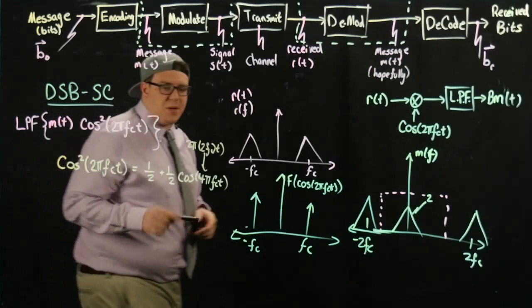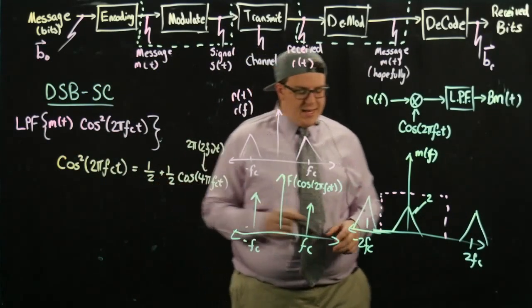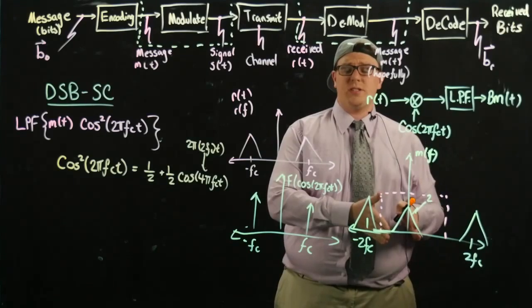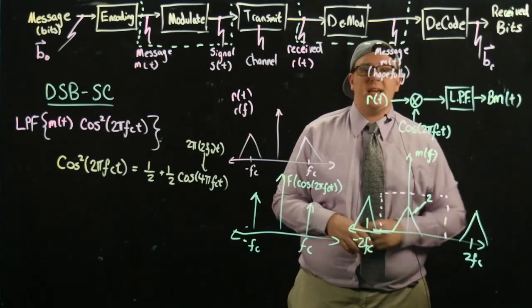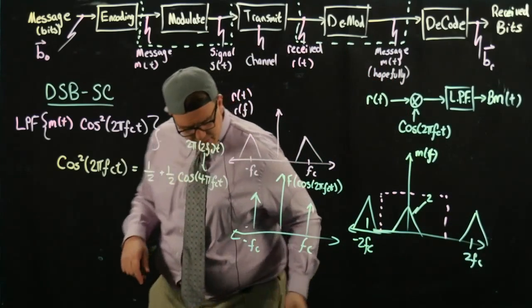That makes sense because we got frequency components at DC, which was our original signal, and we got frequency components at 2fc. So it works out.